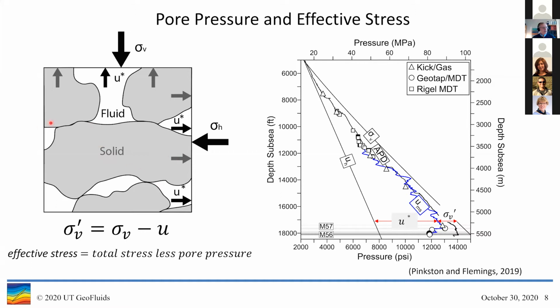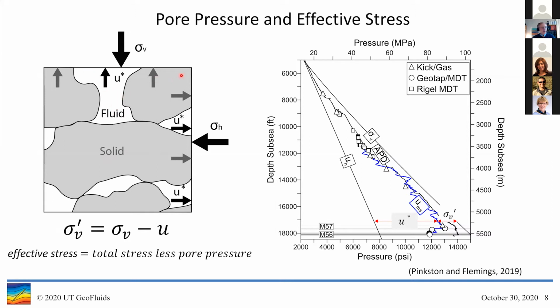And so in the image on the left, I just want you to consider a small volume element of sediment. The solid grains are shown in gray. The pores are shown in white. And what we want to think about is that this rock has a pore pressure, which I label as U, which is the pressure in the fluid.